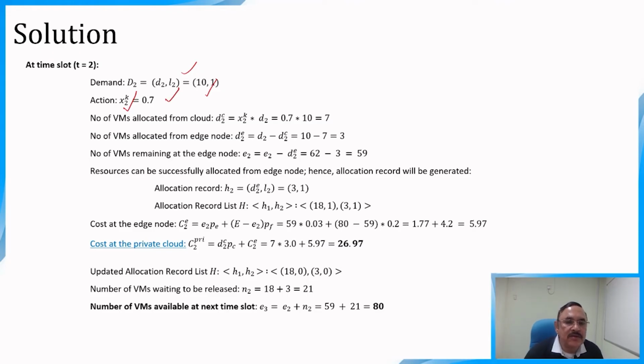So, the number of virtual machines allocated from the cloud is x_k2 multiplied by d2, that is 0.7 multiplied by 10, that is 7. So, the number of VMs allocated from the edge node, d_e2, is the total demand 10 minus the virtual machines from the cloud, 7, that is 3 from the edge.